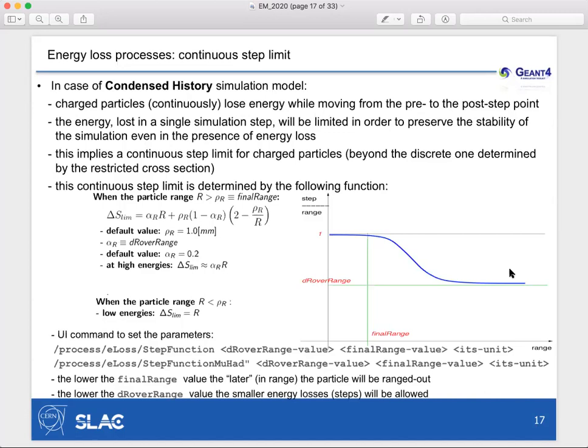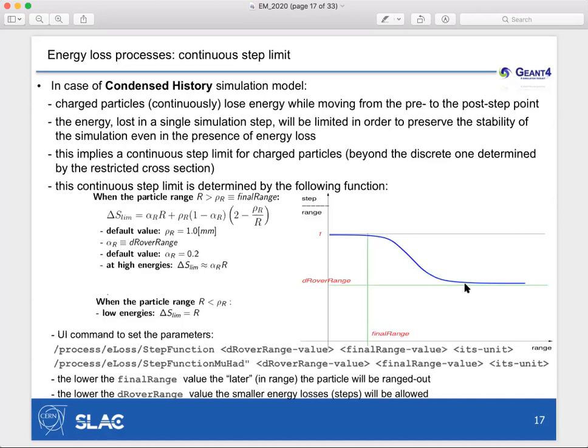You will apply a shorter and stronger step limit if you lower this value, while this final range value, which is rho here, will determine the point where you start to range out your simulation. So the later you range out your simulation and the lower the dRoverRange, the more steps you will do with your particle. We expect a more accurate simulation.